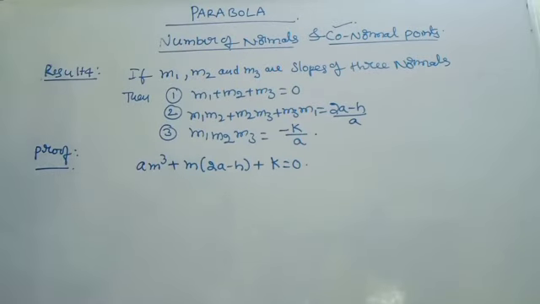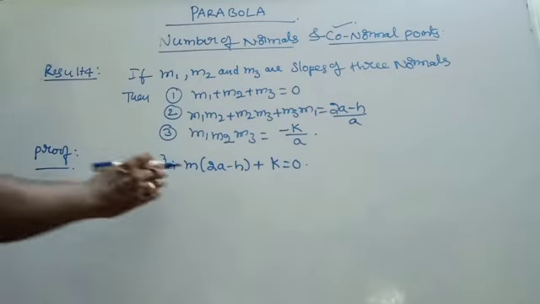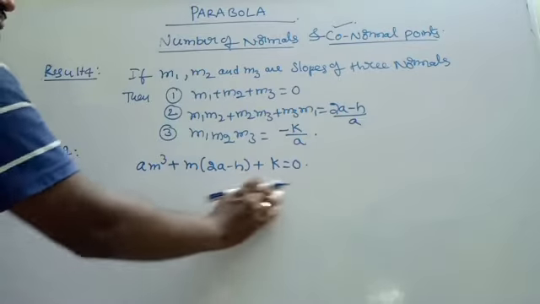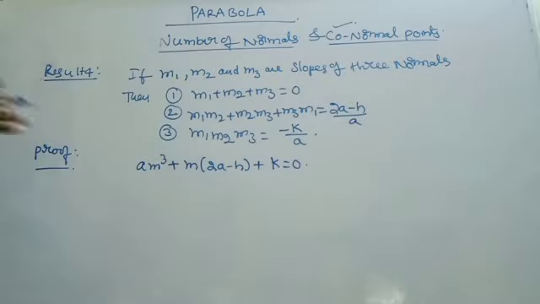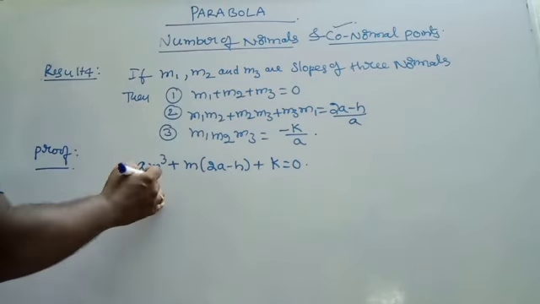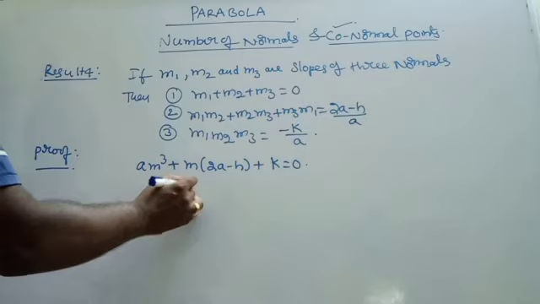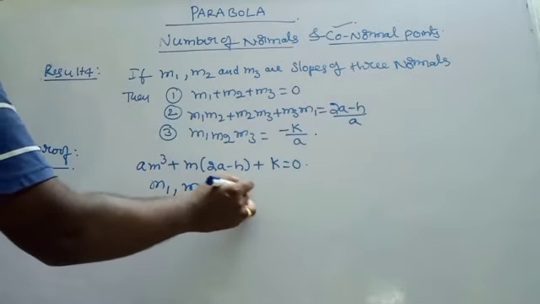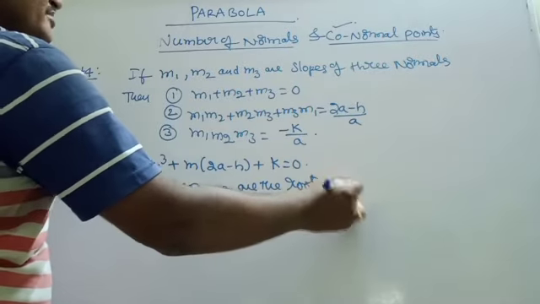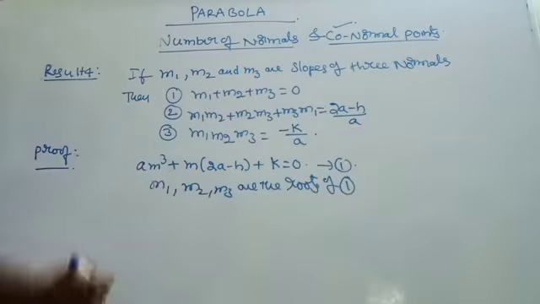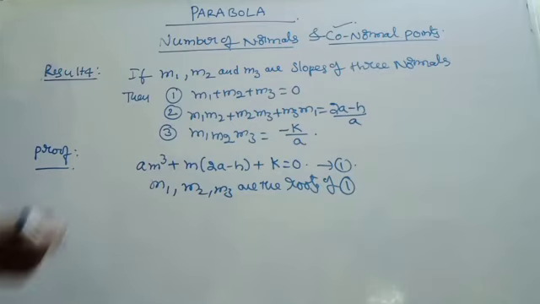For this, see, my dear students, now only we have got a cubic equation. It gives actually 3 values of m. It is a cubic equation satisfying the normal equations. Since it is a cubic equation, it will have 3 roots: m1, m2, m3 are the roots of equation number 1.